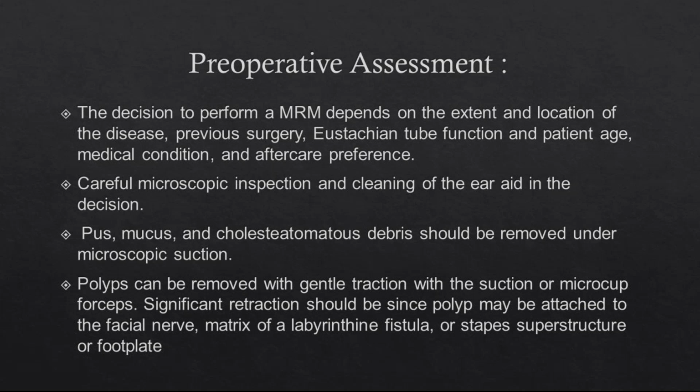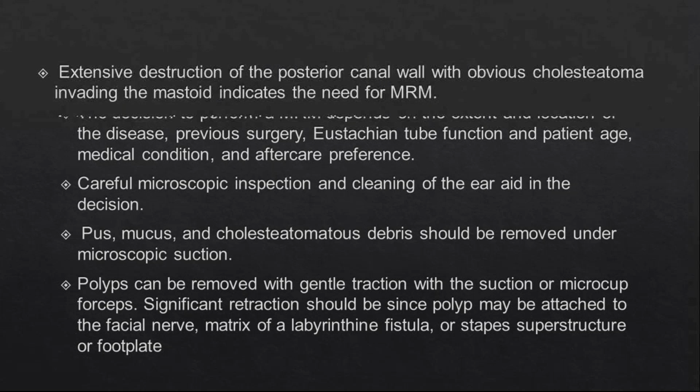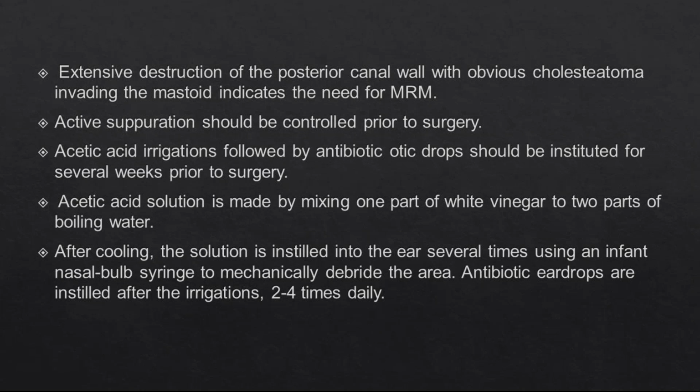If the perilymph comes out, obviously there will be a dead ear, but another possibility is that the patient may develop serous labyrinthitis or purulent labyrinthitis. Extensive destruction of the posterior canal wall with obvious cholesteatoma invading the mastoid indicates the need for MRI.